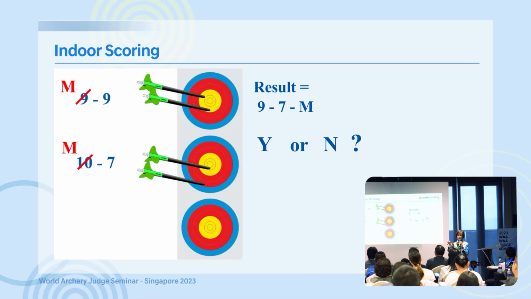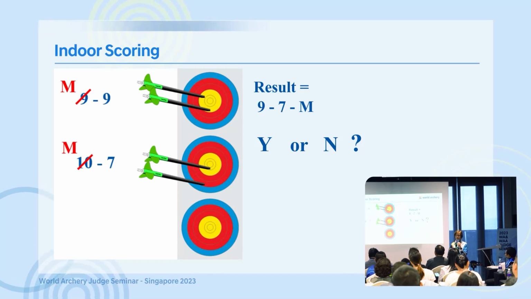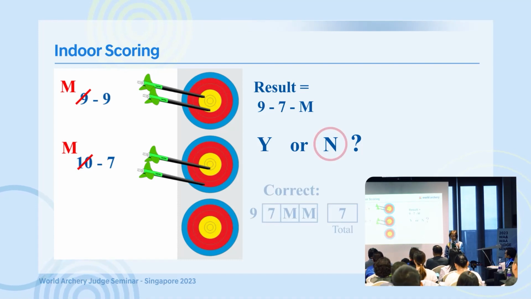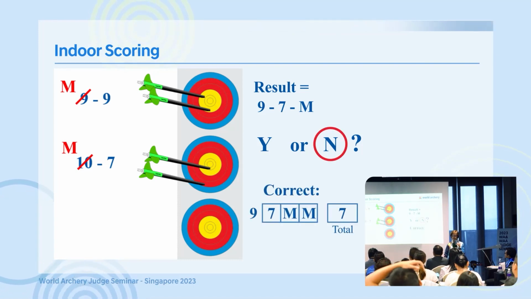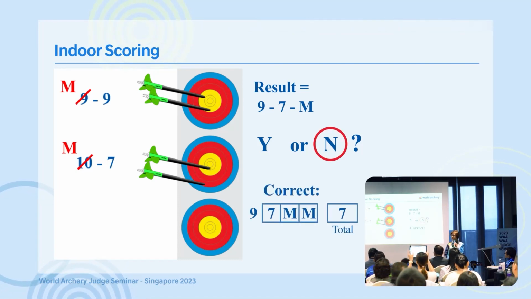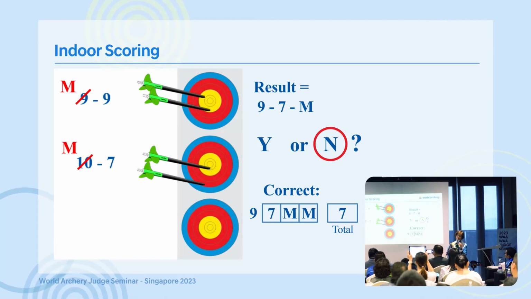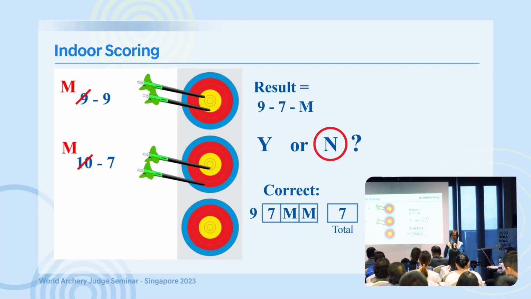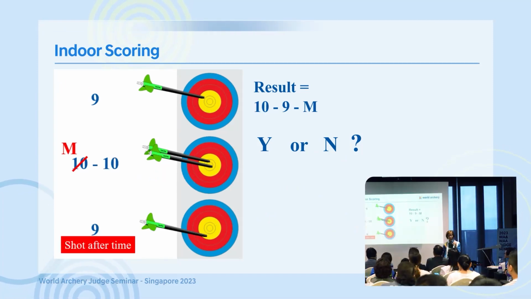Two on top, two in the middle, none at the bottom. Is that correct? No. So what is the correct one? 7 mm. Very good.